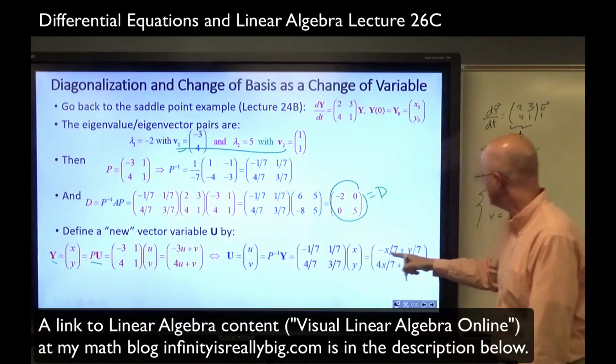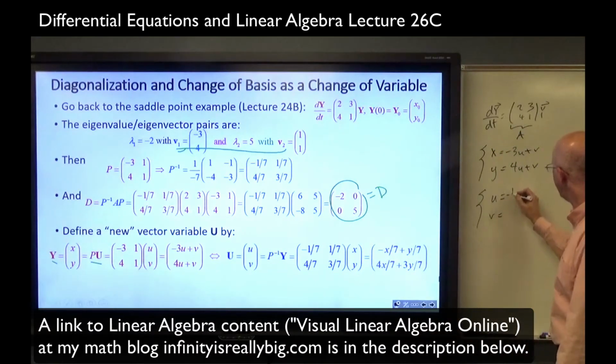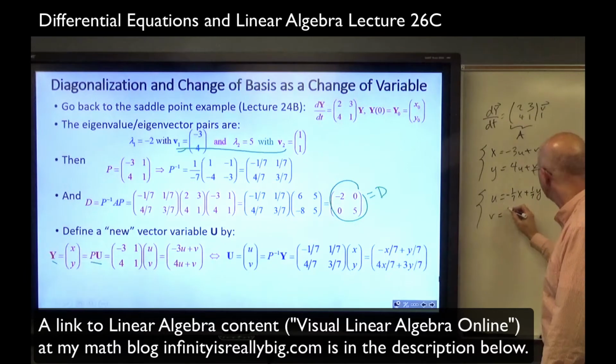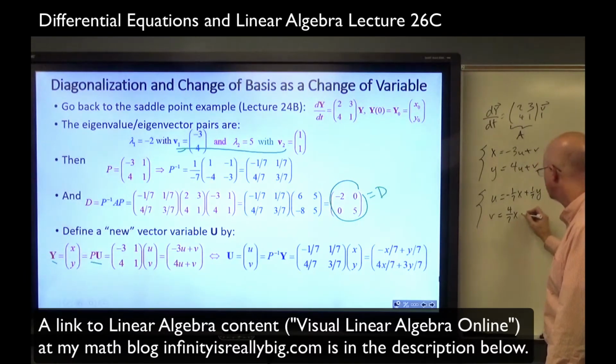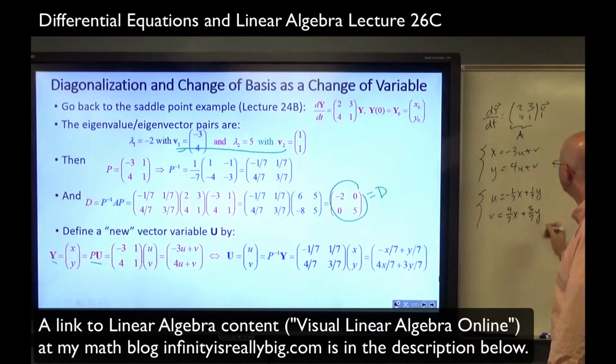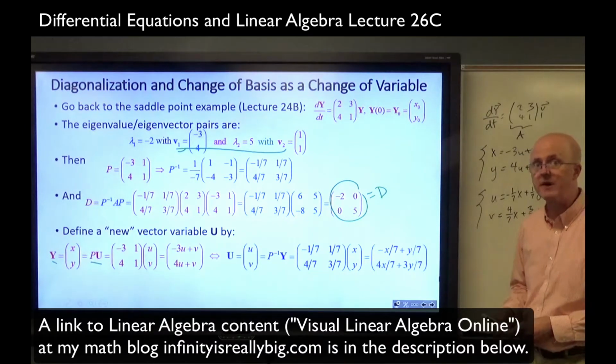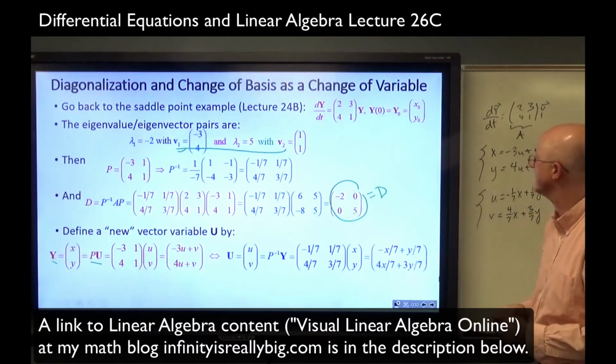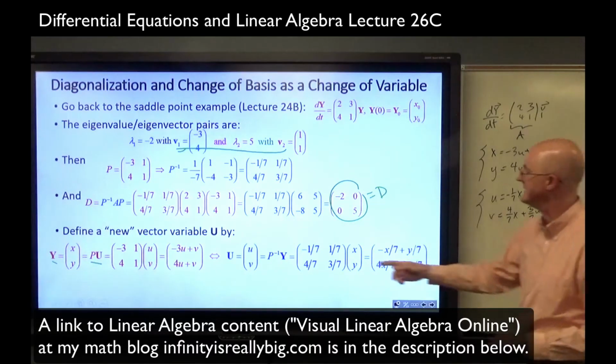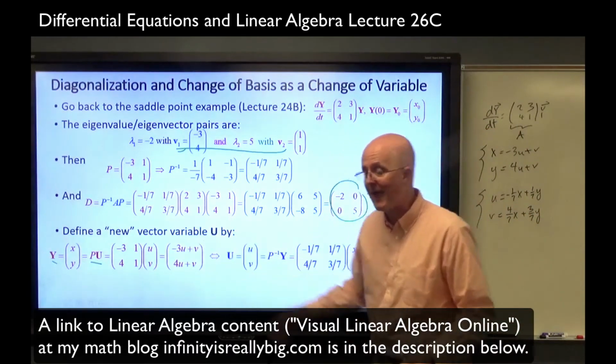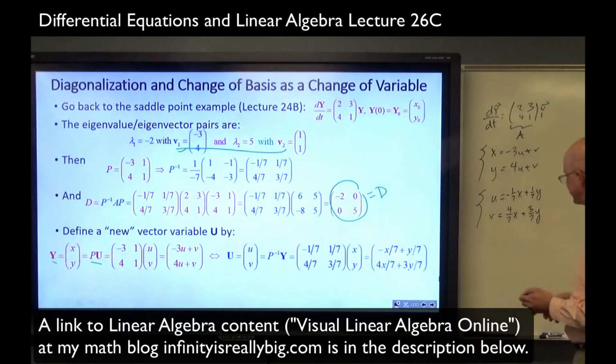U is going to be negative 1/7 x plus 1/7 y, and v is going to be 4/7 x plus 3/7 y. These linear transformations really are inverse functions of each other, because these matrices are inverse matrices. We already know that, okay? But now I'm writing it in scalar form because that's going to be helpful for us.